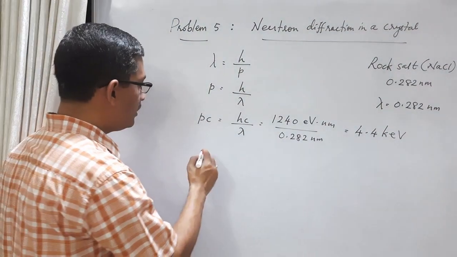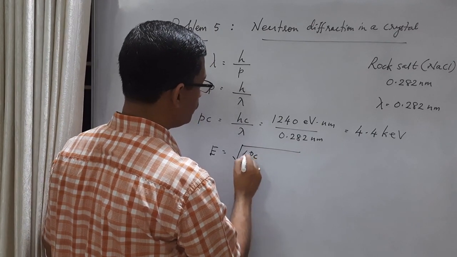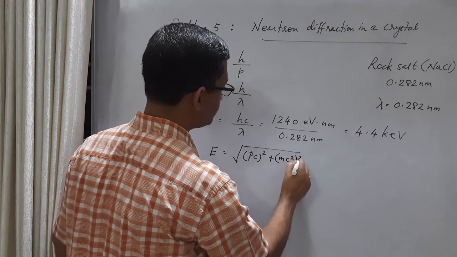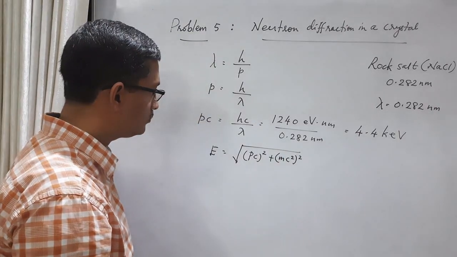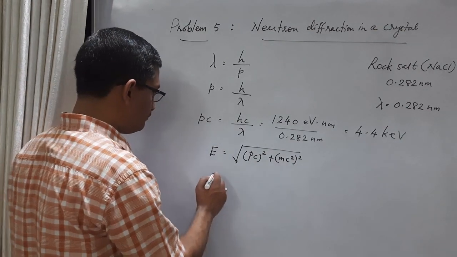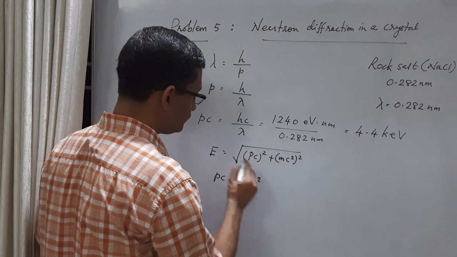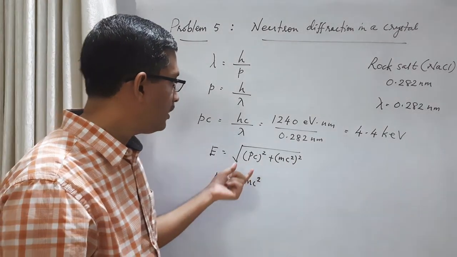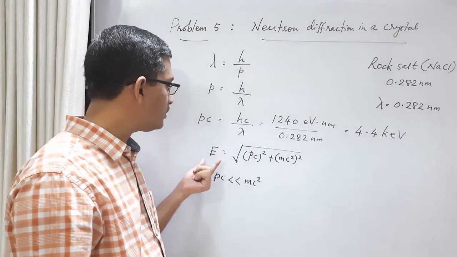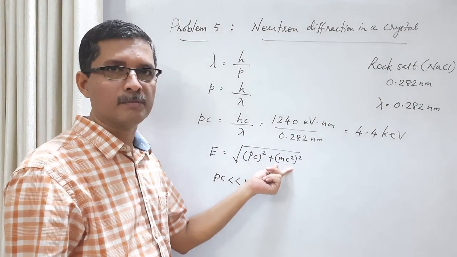The logic is this: the expression for total energy is the square root of (pc) whole squared plus (mc squared) whole squared. Now suppose pc is very small compared to rest energy. In the limiting case, let us assume that pc is equal to 0. Then what is the total energy? Total energy is simply equal to mc squared, the rest energy.